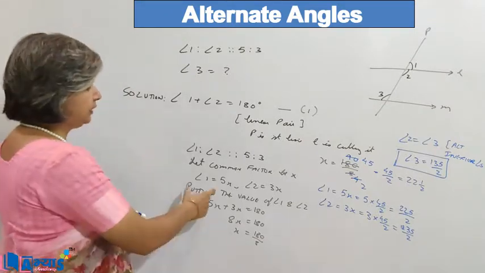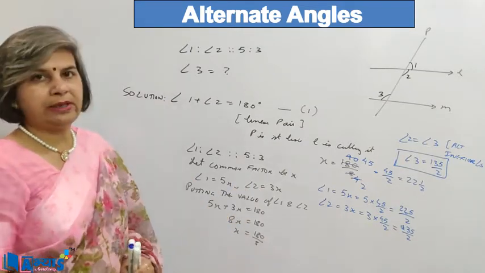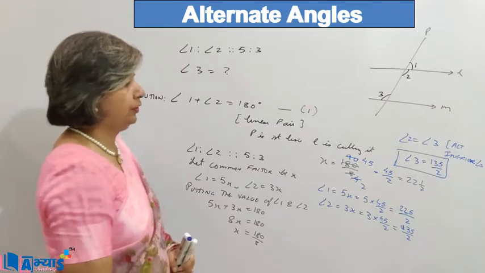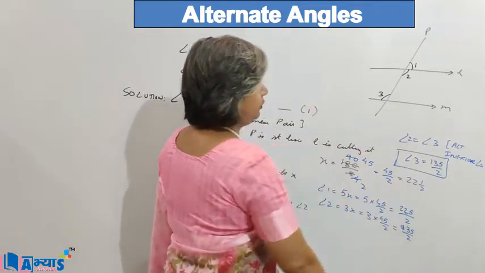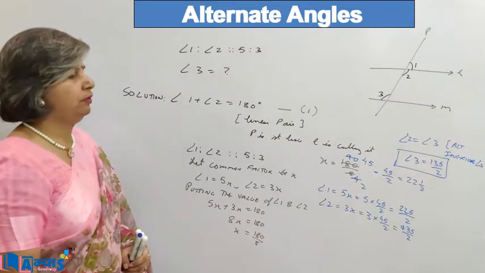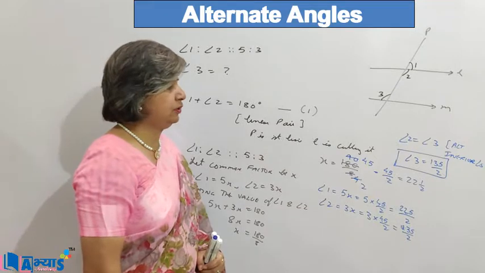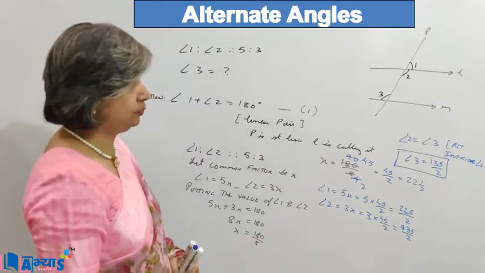I have substituted the value of angle 1 and angle 2. So I found 8x is equal to 180, or x is equal to 45 upon 2, or I can say 22.5 degree. Now angle 1 is equal to 5x, so it will be 225 upon 2, and angle 2 is equal to 3x, so it will be 135 upon 2.